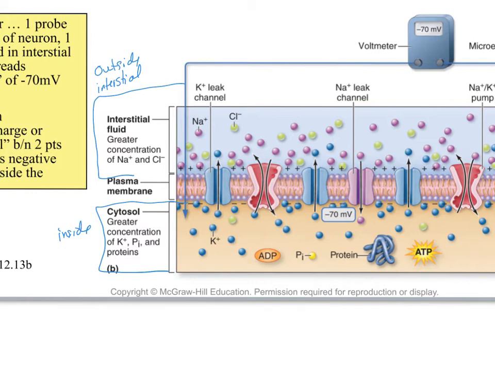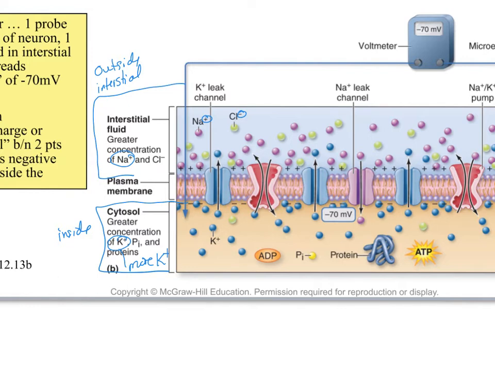Your cells are designed to keep a higher concentration of potassium on the inside. So this is the critical thing, the potassium. On the outside, the critical thing is that there's a higher ratio of sodium ions. There's also a higher ratio of chloride ions, which is interesting because the chloride ions are negative and the sodium is positive.